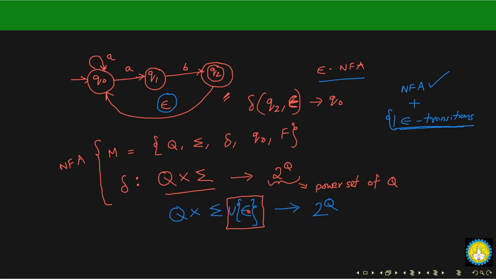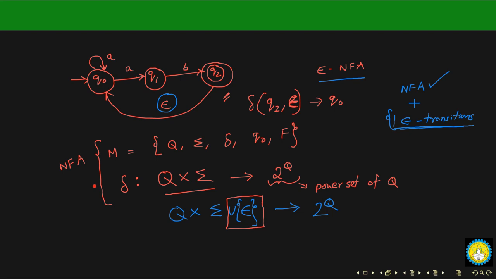The epsilon symbol was not required in the case of an NFA where we don't have any epsilon transitions, but we do have epsilon transitions in our epsilon NFA. That's why, very importantly, we have to accommodate the epsilon symbol also as part of a transition, right?